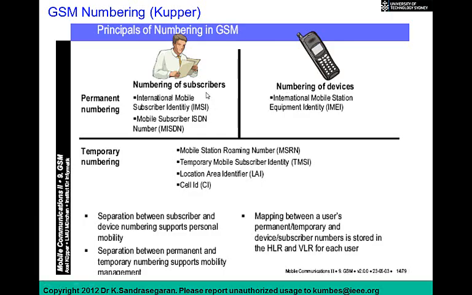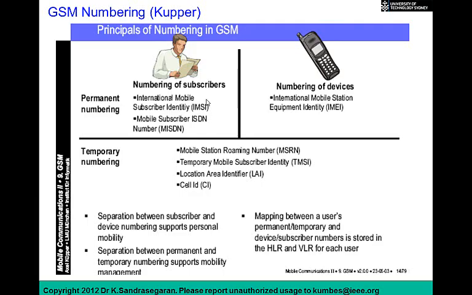It is a very important number, but it's a number that we want to minimize transmission of across the interface, because if somebody was to find an IMSI, then they could find ways of using your mobile services without you knowing about it. And then you have the MSISDN, which is the mobile subscriber ISDN number. This is your dial number. This is the number that you give to your friends and they call you on that. And these are considered permanent numbers because they rarely change.